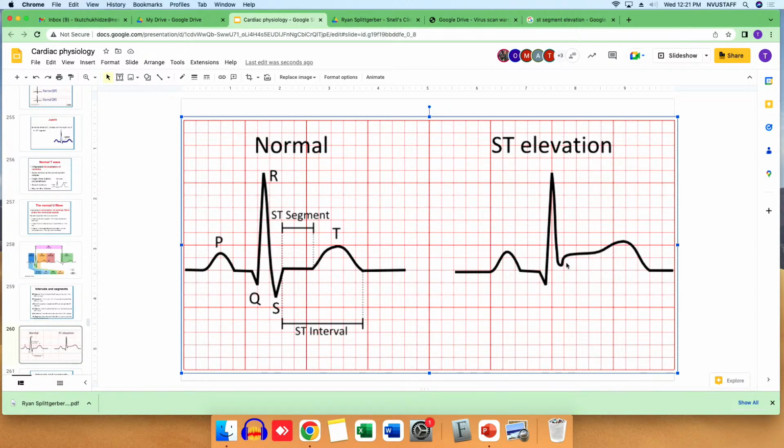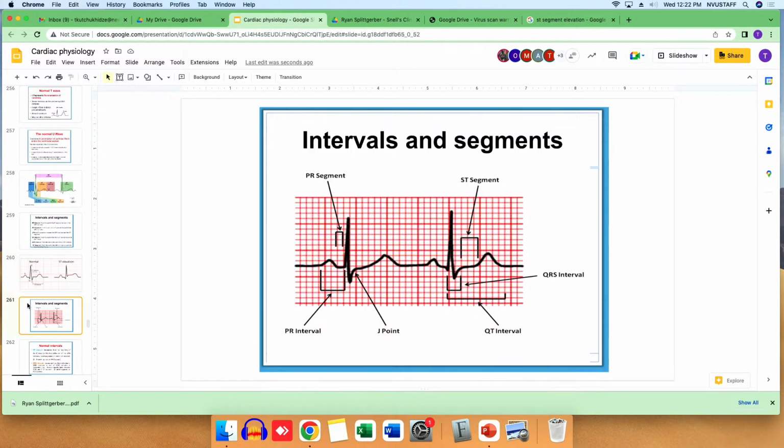However, when we're having ST segment elevation, it's not on the isoelectrical line at all. It is above, right? Meaning that we're having myocardial infarction already. That's why it is important that the ST segments should be on the isoelectrical line. Yeah, we already discussed that.